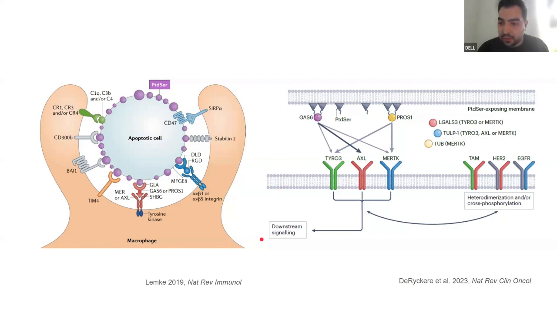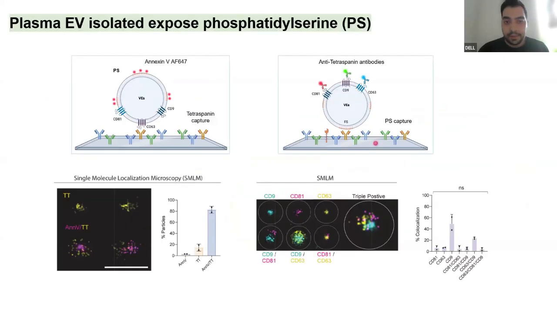anti-inflammatory signaling pathways. It's also important to consider that phosphatidylserine exposure is not exclusive to apoptosis. It is also observed in activated cells and in extracellular vesicles. Based on this, we hypothesize that their effect might be explained by the presence of the TAM receptor ligands GAS6 and protein S within the EV corona.